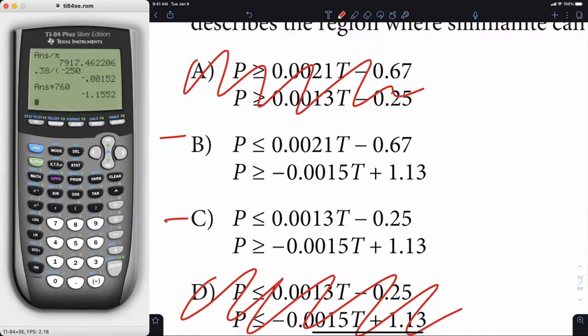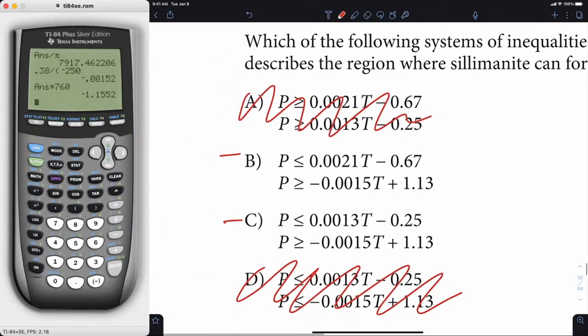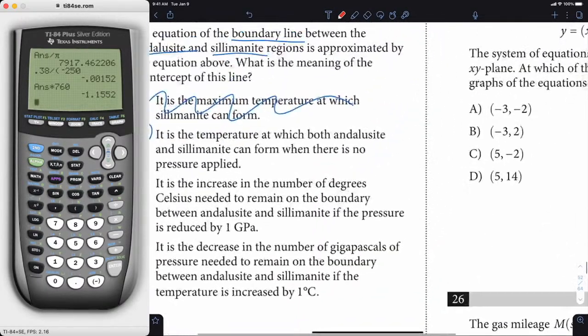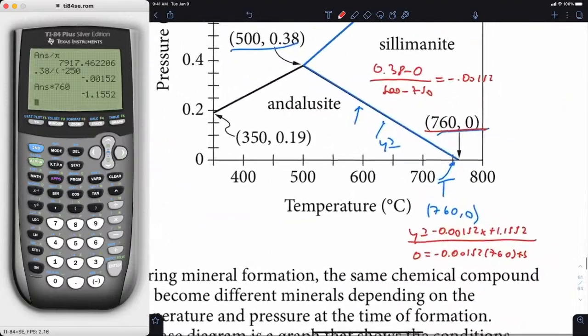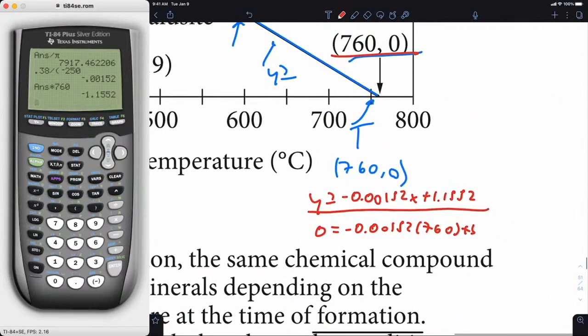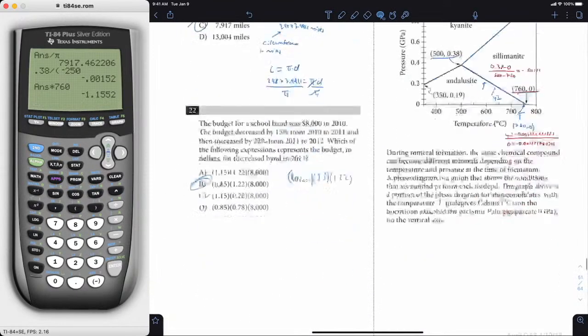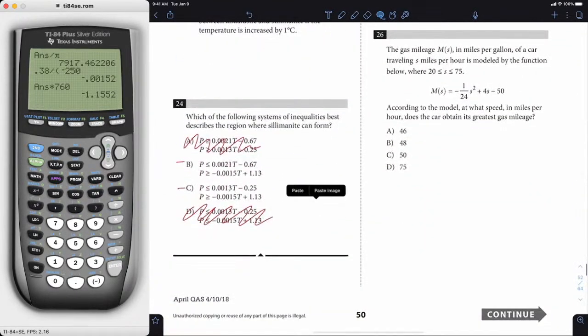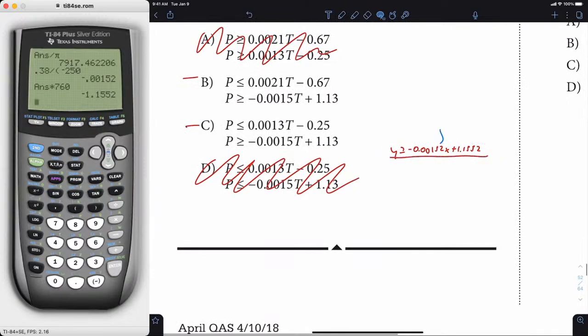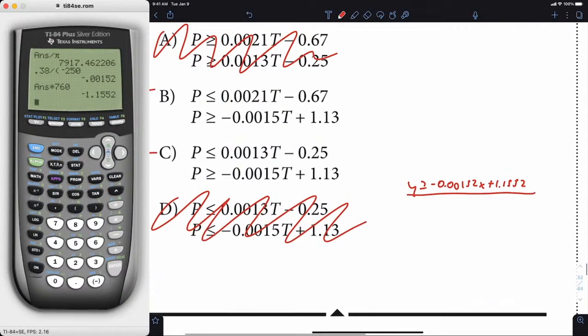Okay, so I already got a line with a slope that was, let's see, what did we say the equation of our line was? Y is greater than or equal to, let's copy this and see if it matches up with anything going on down here. Paste. Y is greater than, well, they're using p and t, which is fine, but y is greater than or equal to, yep, 0.15t plus 1.13.